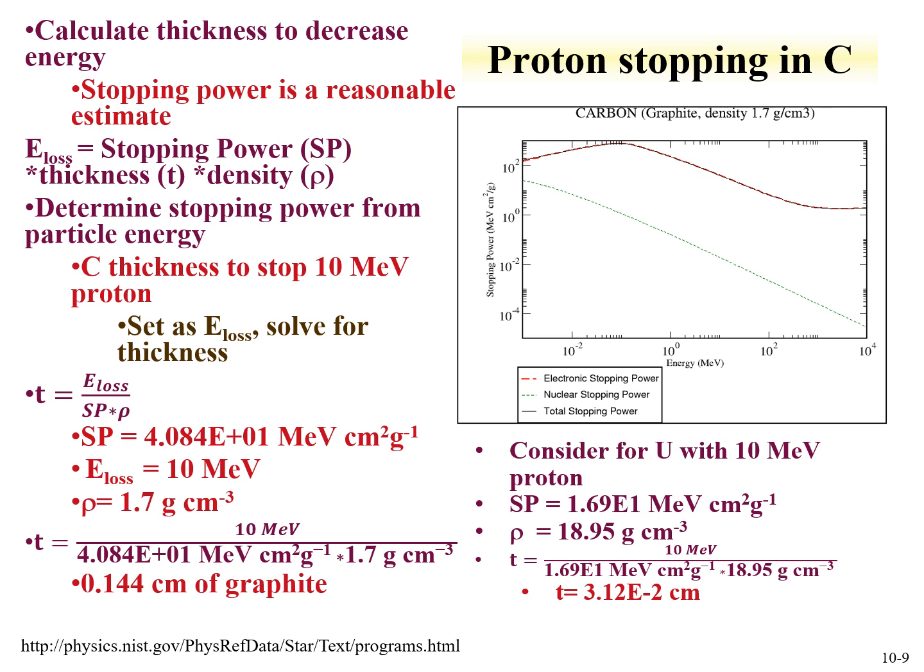So one would set the energy loss and solve for the thickness. We want an energy loss of 10 MeV. We need to get what the stopping power is, and then the density. So the stopping power is 4.084 times 10 to the first MeV centimeter squared per gram.